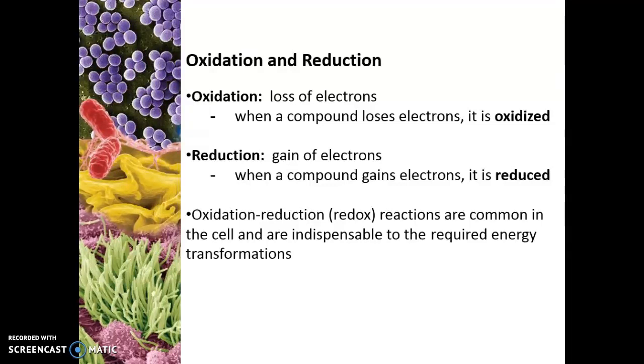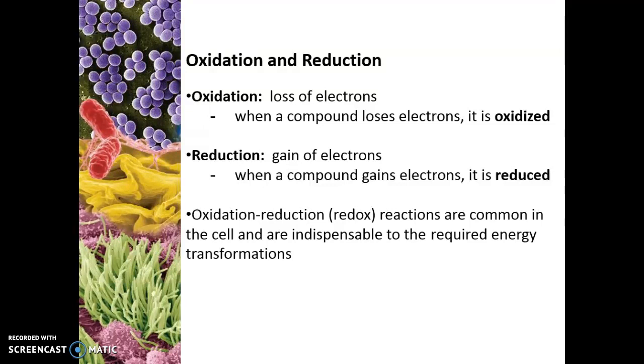So oxidation is the loss of electrons, and so when a compound loses electrons, it is oxidized. And the reduction process is a gain of electrons, and so when a compound gains electrons, it is reduced.